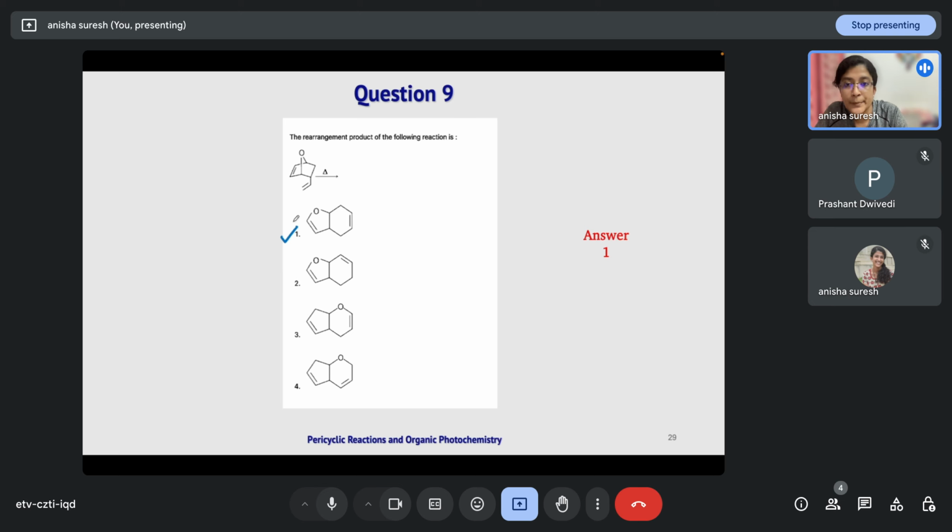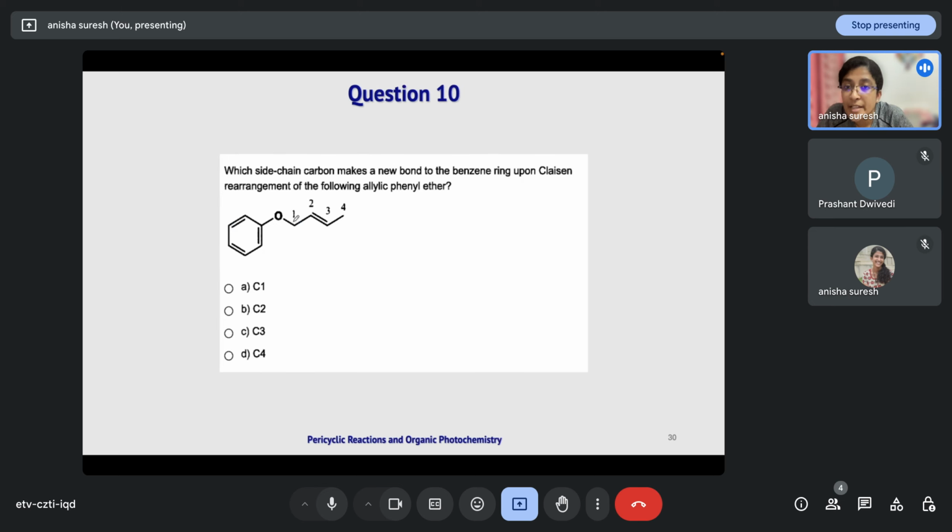Now coming to question number 10. Which side chain carbon makes a new bond to the benzene ring upon Claisen rearrangement of the following allylic phenyl ether? So here they have numbered the carbons, right? 1, 2, 3, and 4. So out of which carbon will be making bond with the phenyl ring upon Claisen rearrangement?